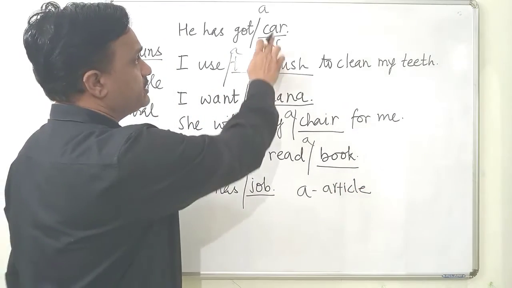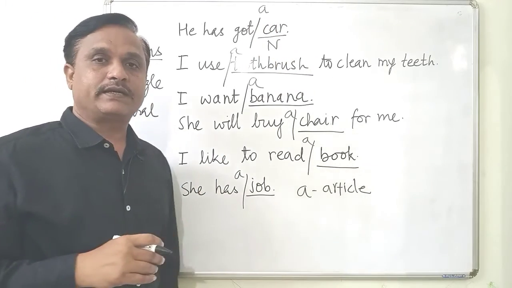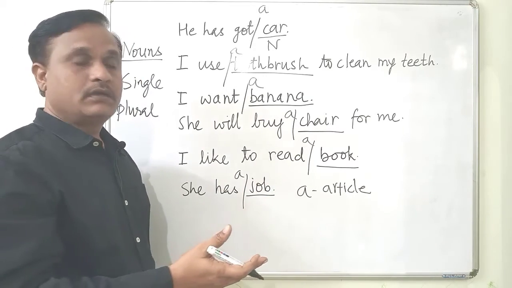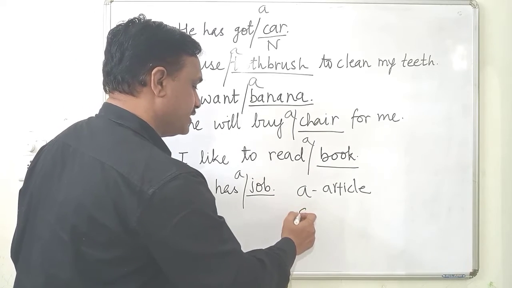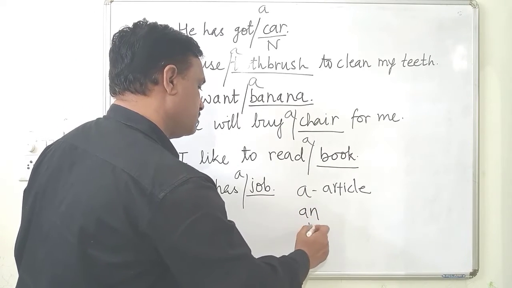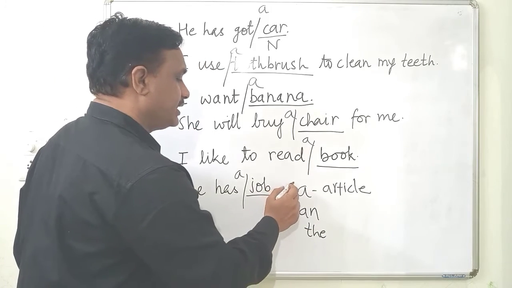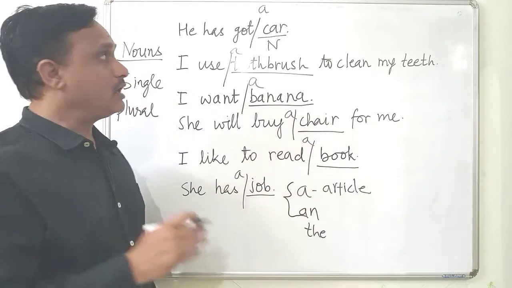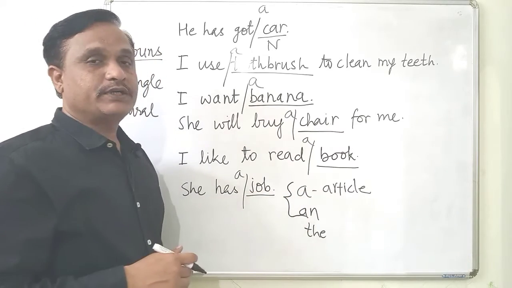So this noun takes this important article, and only then does it become grammatically correct. So which nouns take which articles? Is there any one single article? No, there are a, an, and the. But here we are talking about a and an, these two articles. We are talking about common nouns, and these a and an particularly.